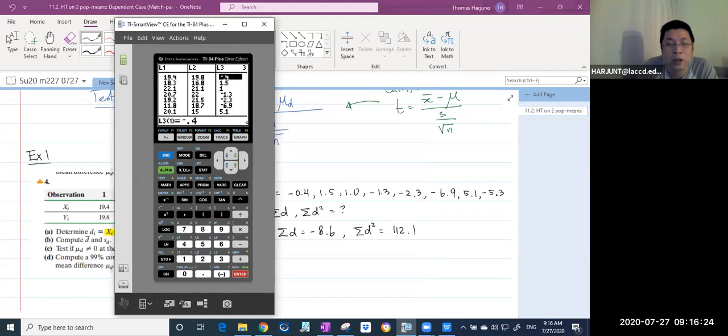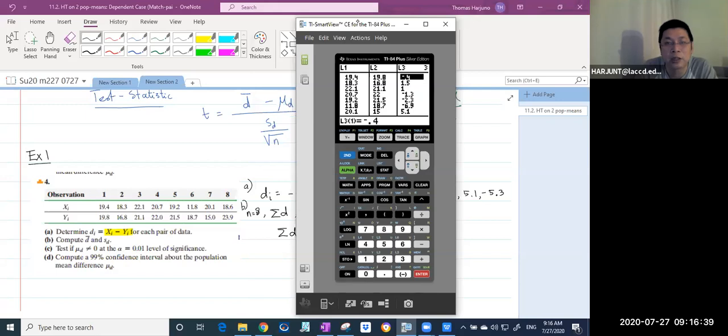So the first data, negative 0.4, the second data, 1.5, 1, negative 1.3, negative 2.3, negative 6.1, 5.1, and I believe the last one is negative 5.3. Now then, how do I get the sum of D and sum of D squared? Remember, we did this before. Go to calculate, one var stat, and then you do list 3.